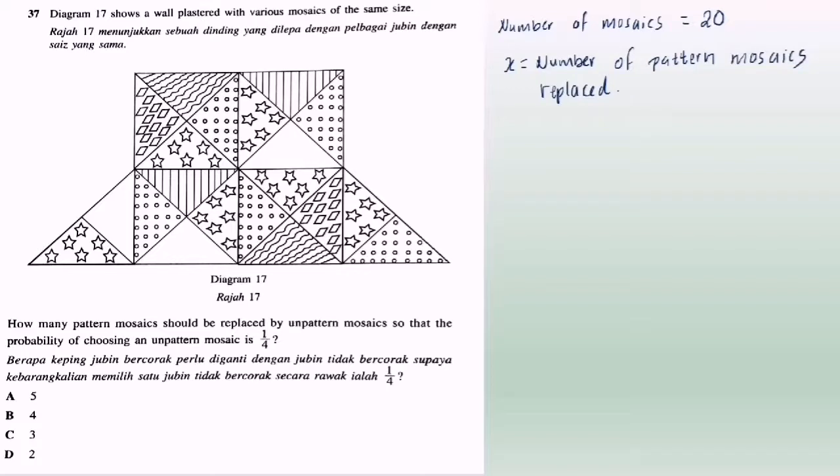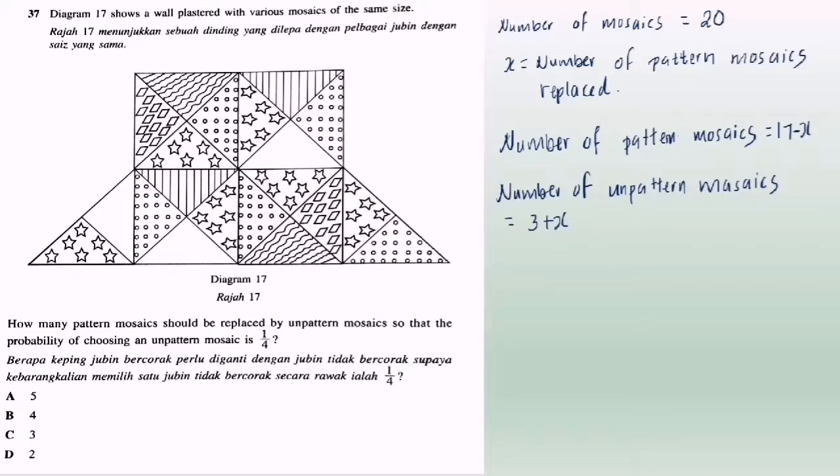Okay, so first we need to find the number of mosaics. 20. Say s equals number of patterned mosaics replaced. Number of patterned mosaics is 17. Number of unpatterned mosaics is 3 plus s.